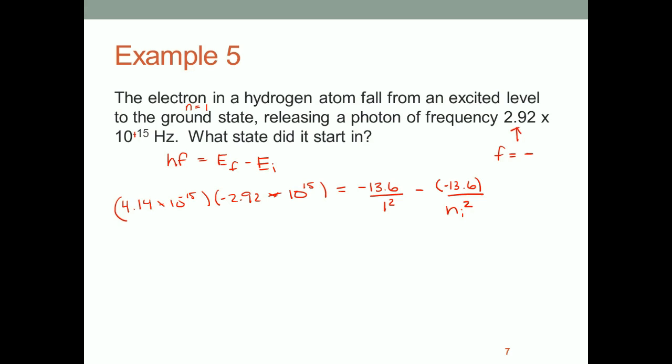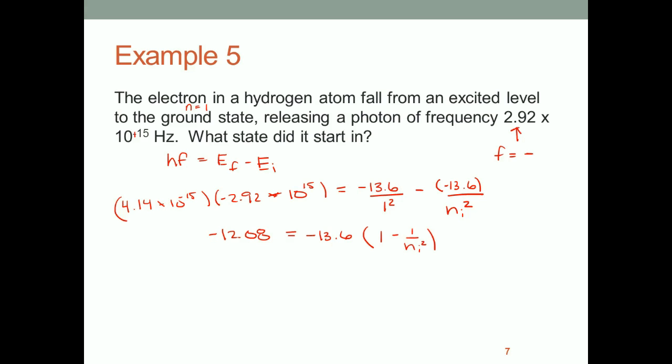When you multiply the left-hand side together, you get negative 12.08, and that has to equal negative 13.6 times 1 minus 1 over n initial squared.